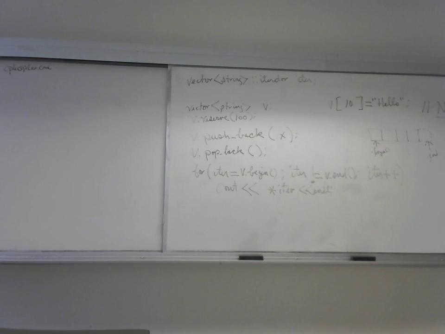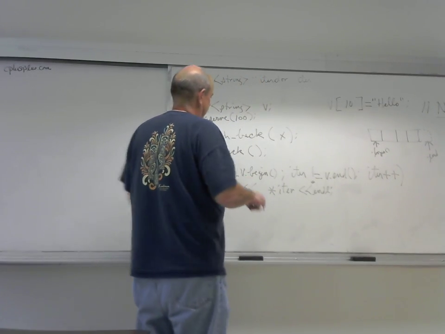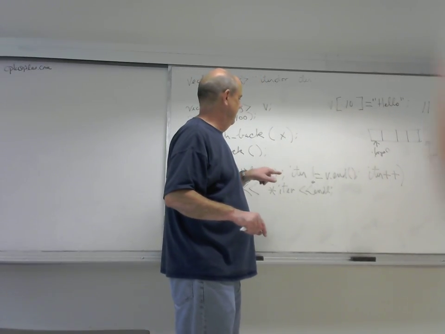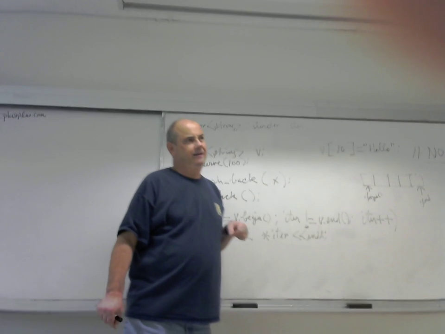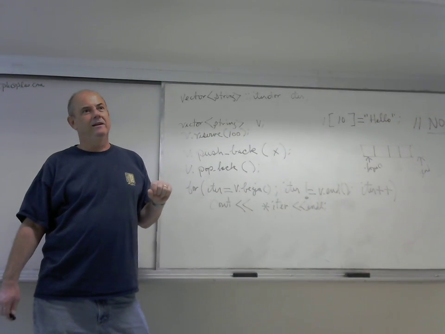You will get garbage. So if you want to go backwards, you do minus minus before. So you would do iter equals v dot end minus 1. You've got to go back. It points off the end.